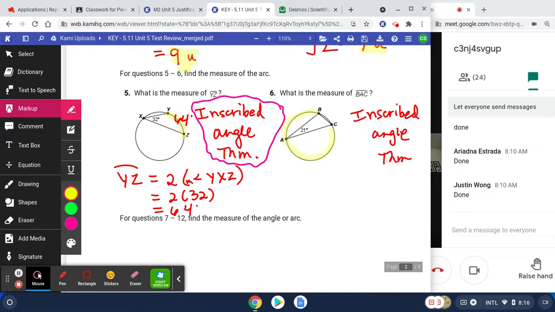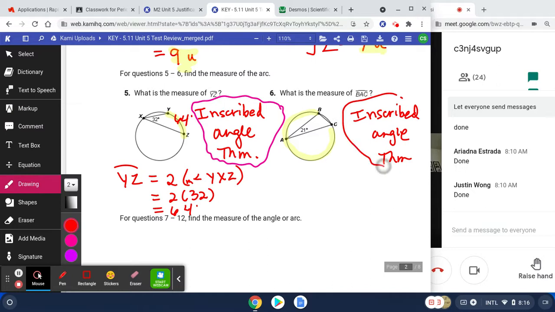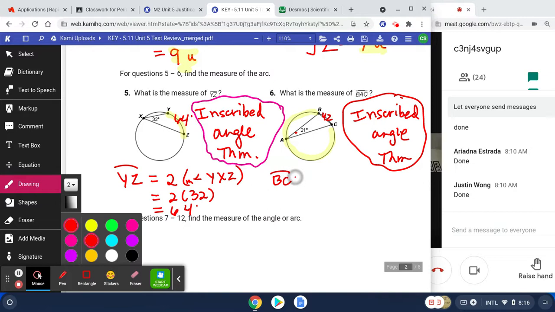So this is what I called the two-stepper, where because this little angle in here is a 21, we know that this outside arc is a 42. We can double it. We can say that the measure of BC is double the measure of angle BAC, or double the 21. So we could get that 42 degrees, but they didn't ask us for BAC. They asked us for the big major arc.